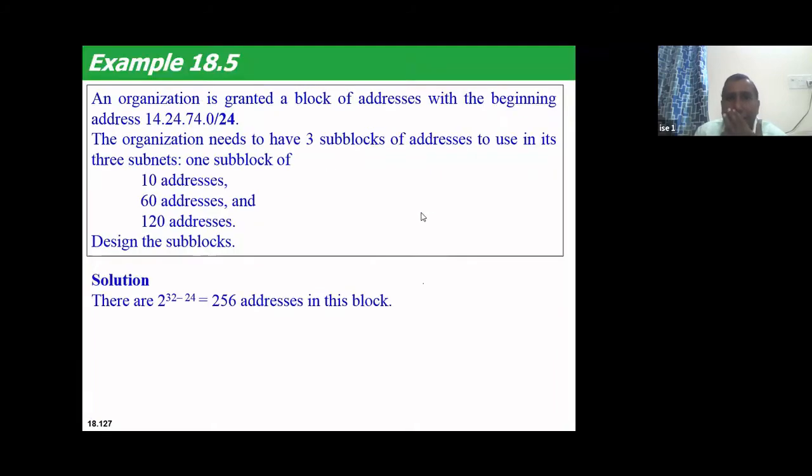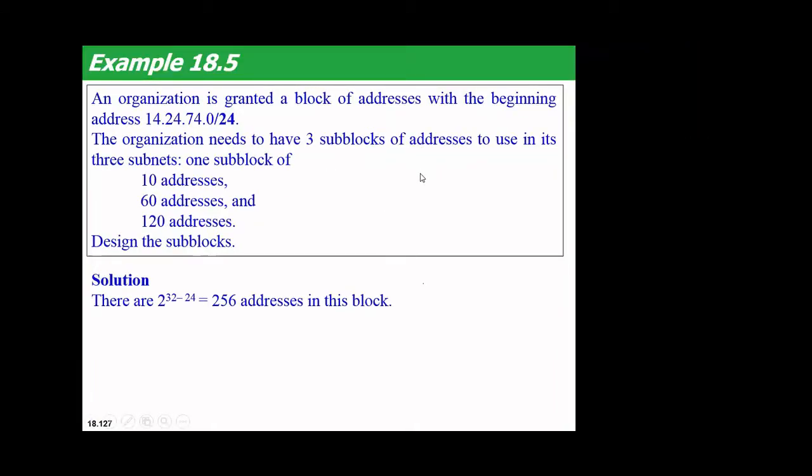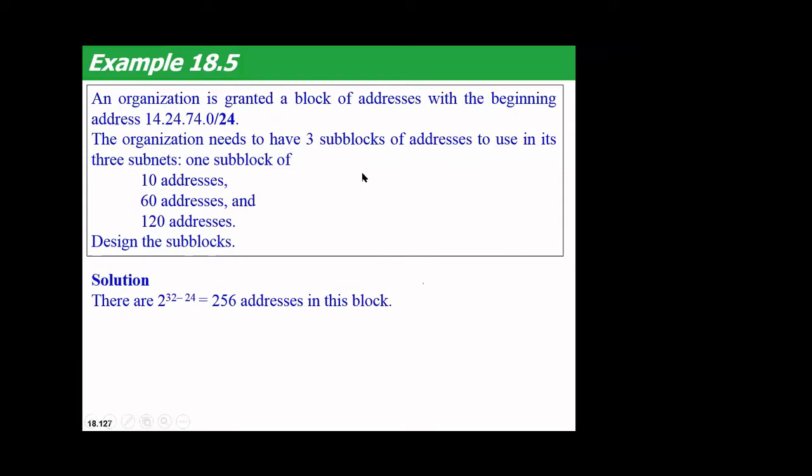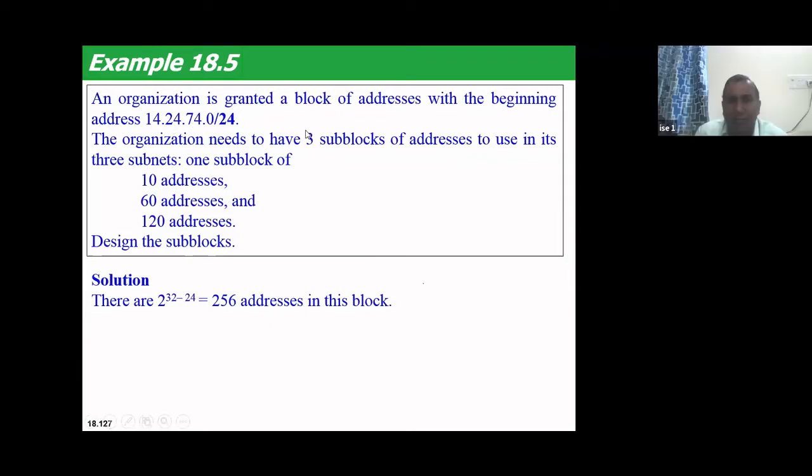This is the question which is given. The beginning address has been given, and they have been given a total of 256 addresses. You got the idea? But after finding everything, in the next slide it is written that the first address is this.